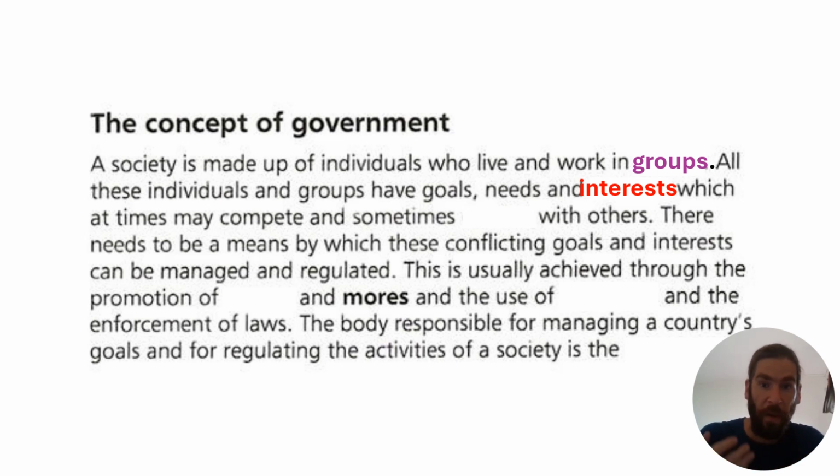And an interest is something that is important for a certain group because it develops that group. I'm going to come back to the word interest a lot in this chapter. So they have goals, needs, and interests. Necesidad nan, meta nan, y interest nan.